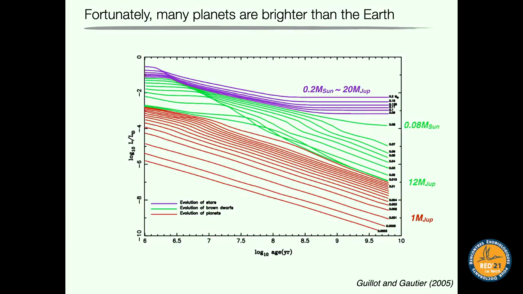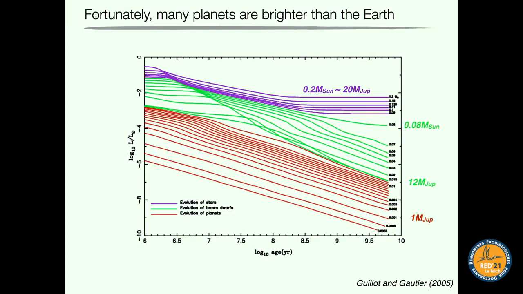And the bottom axis is time. So you go from very early ages at the left to the age of the solar system at the right. The curves at the top are from very low mass stars in blue. The upper curve is about 0.2 solar mass, so 20% of the mass of the sun.